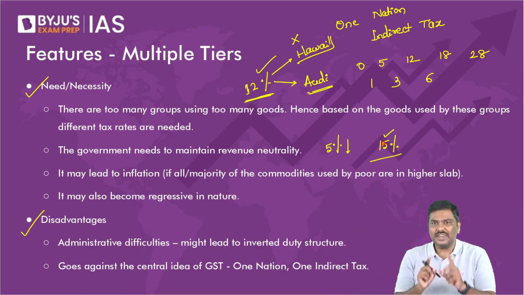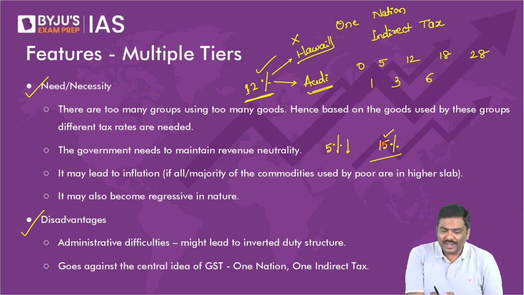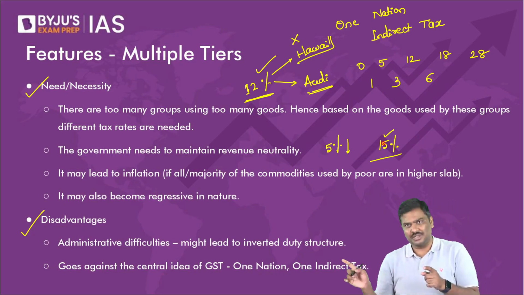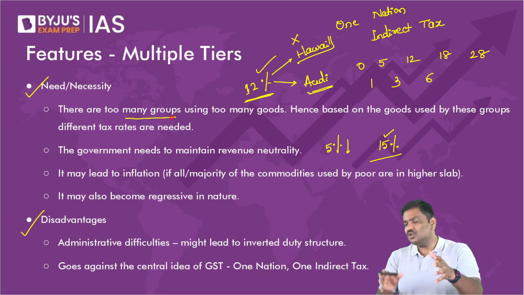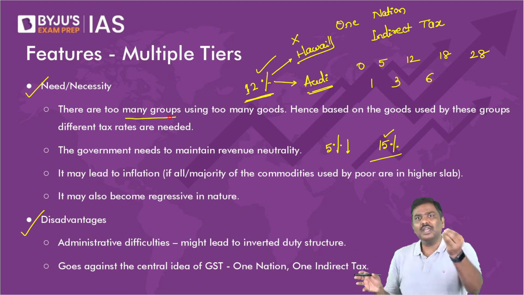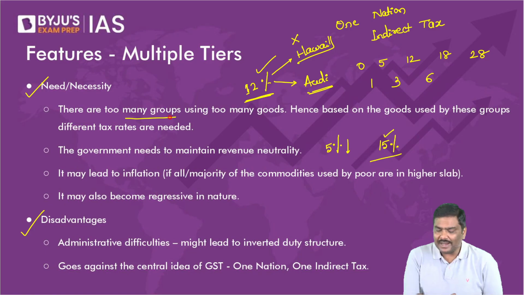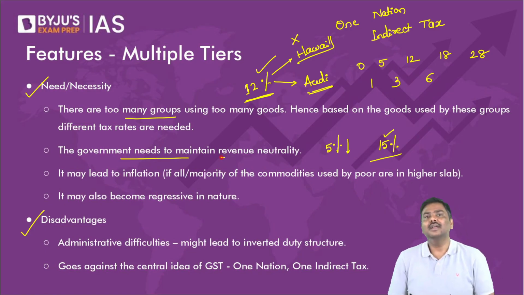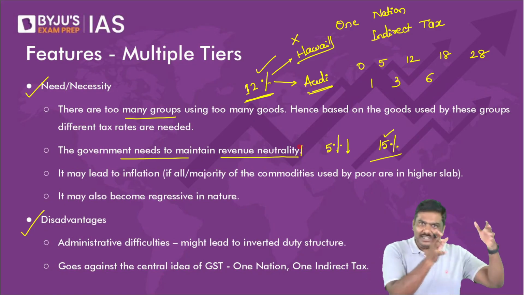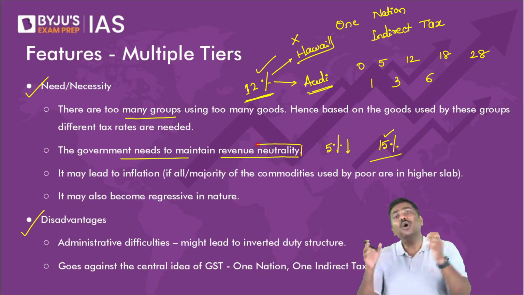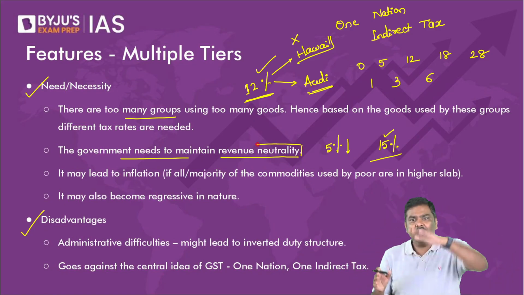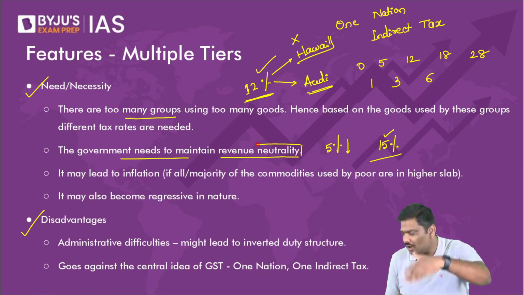So argument is very simple here. There are too many groups consuming too many goods. Different goods are consumed by different groups. You cannot have a single rate of GST. Government needs to maintain revenue neutrality. What do you mean by revenue neutrality? You are shifting from one taxation structure to another taxation structure. Your revenues should not fall down.